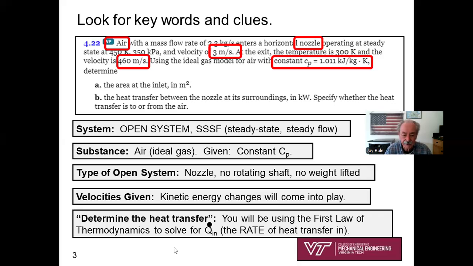Now, here it just says heat transfer, but we've got to read between the lines, recognizing we've got a flowing system. And so really what you're looking for is the rate of heat transfer, Q dot, not Q, Q dot.